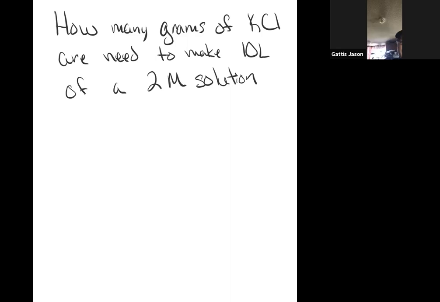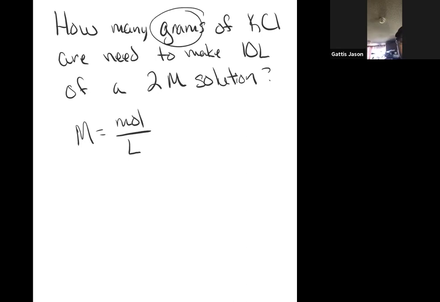This is what I do all the time when I'm making solutions in my classroom. So it's asking for grams, but we know from our molarity problem we can get moles. I'll show you how to handle that in just a minute.